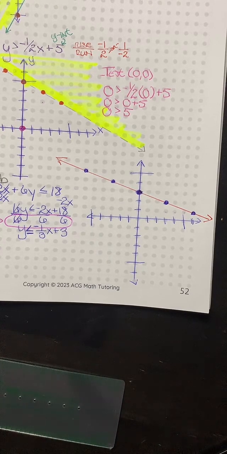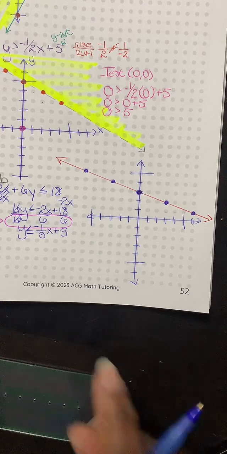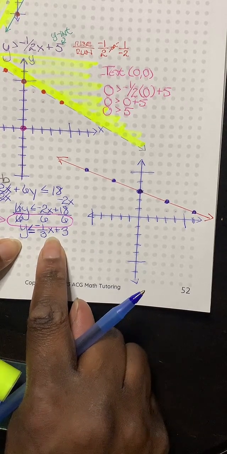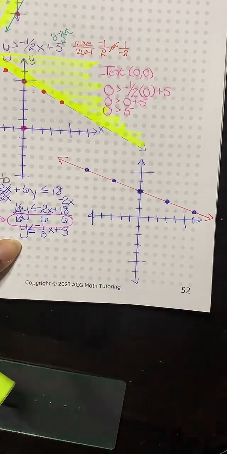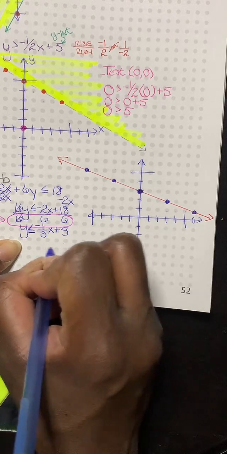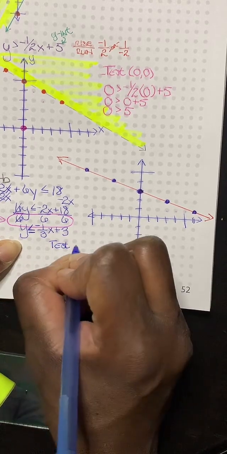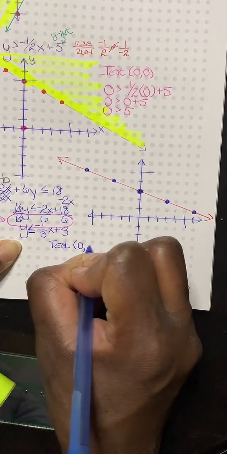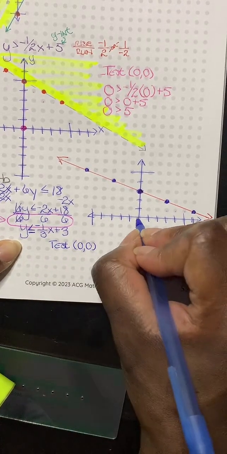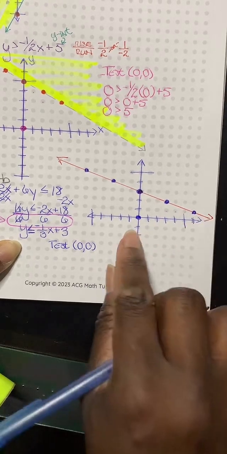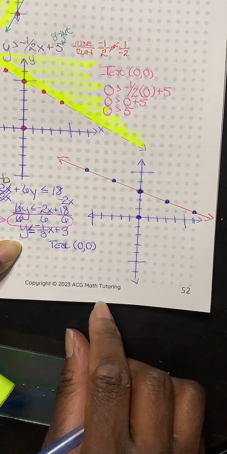So we have, oops. If I plug in, remember we have to test it. So if I test, we're always using 0, 0. Because as you can see, 0, 0 is on one side of the boundary line.